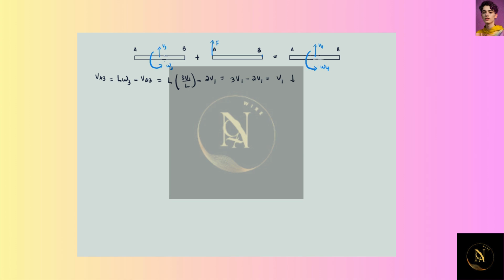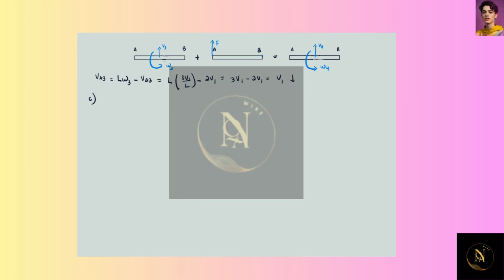So for letter C, we'll focus on the second impact at point A. I have here again a sketch of that particular part of the problem. The rod, which is now rotating at angular velocity omega 3 and whose mass center is now moving at V3, strikes point A again with a velocity VA3.